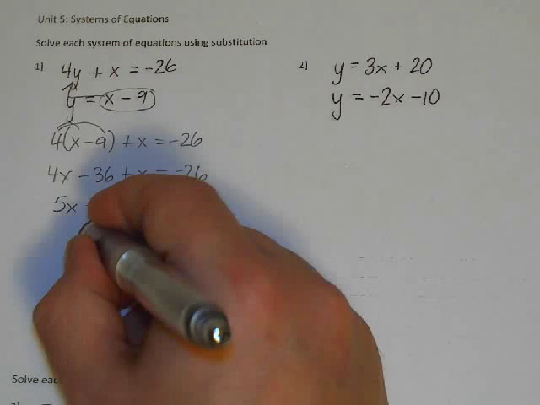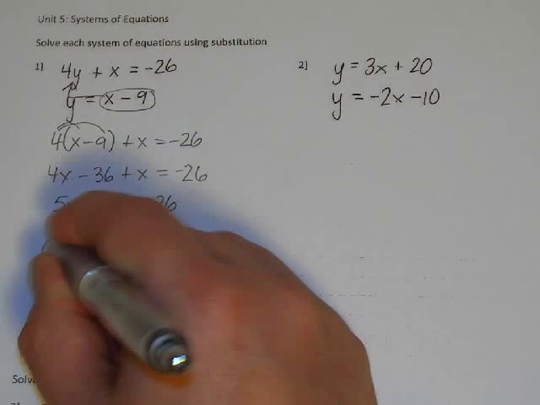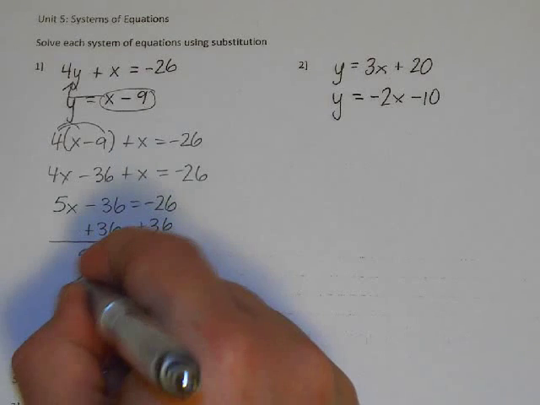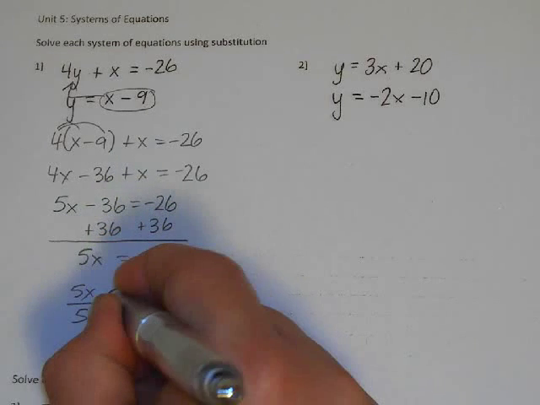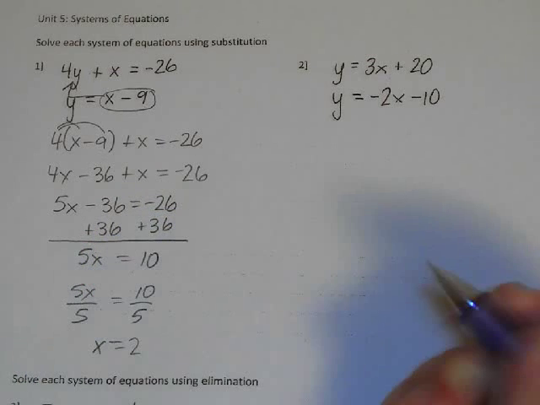Then we'll get the x term by itself by adding 36 to both sides of the equation. You get 5x equals 10. So x is equal to 2.